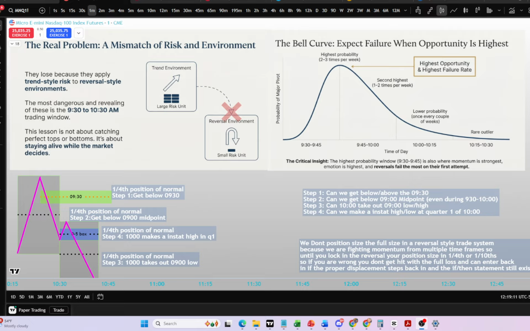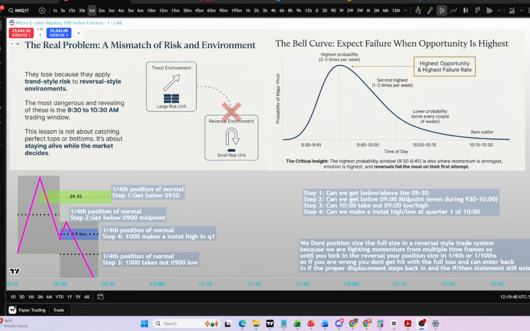The problem with this is a fatal mistake. If you've been in the markets a day or two, you'll realize that everybody knows about the 9:30 to 10:30 pivot. The problem is people try to predict this point instead of waiting for the market to prove it to you. Even though this is one of those cases where there's edge and everybody knows that edge, they try to predict the exact top candle or the exact bottom candle.